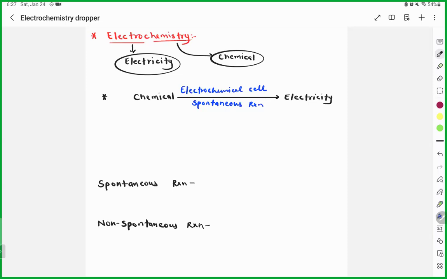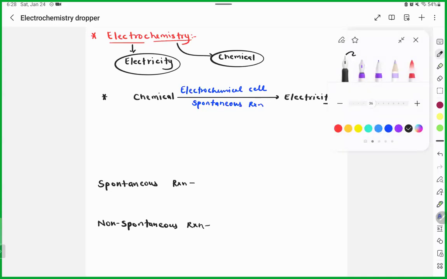In a spontaneous reaction, more energy is released.